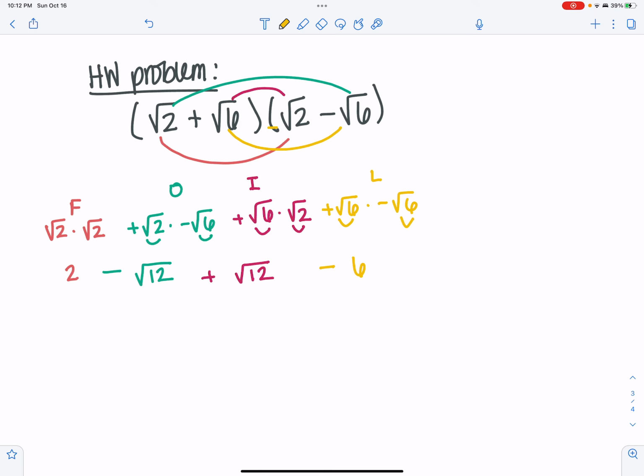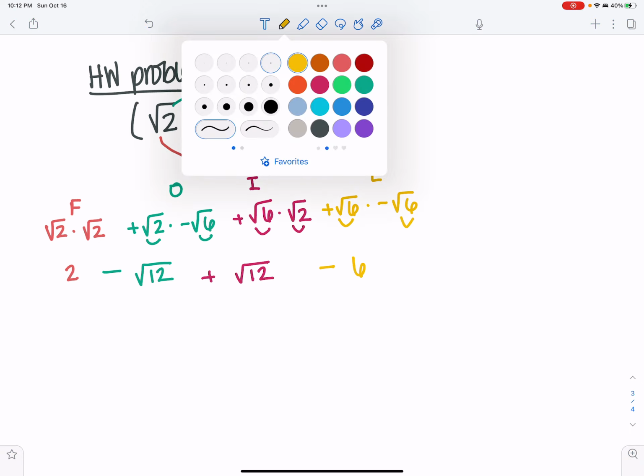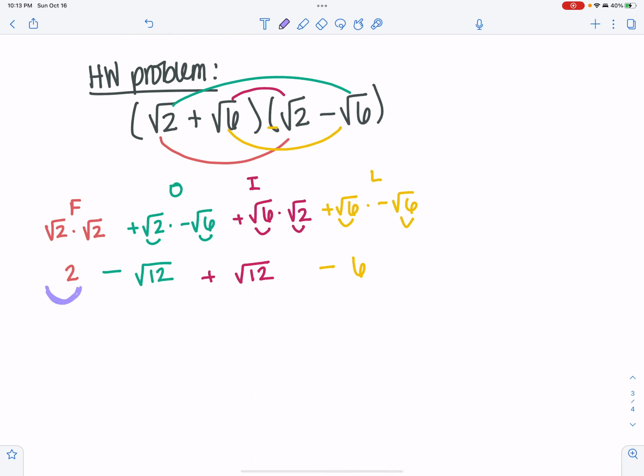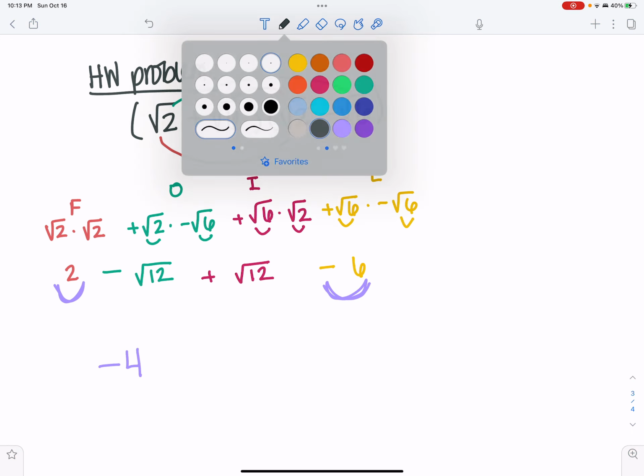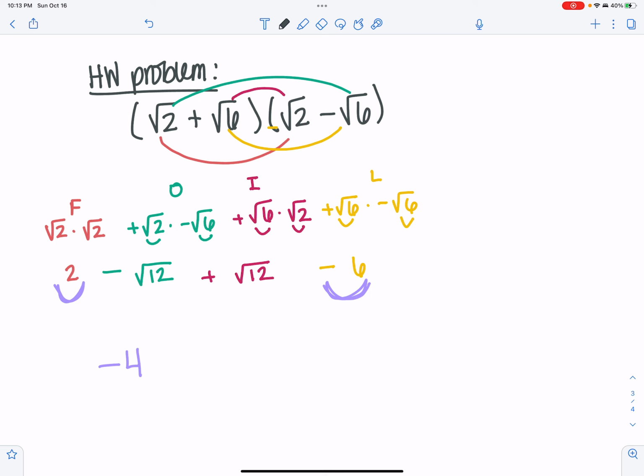Now I've got this middle part, and then I've got these outer terms and these inner terms that will simplify. So let's look at the outsides. I have 2 and negative 6. Those I'm going to combine. 2 plus negative 6 is going to give me negative 4. And then you may simplify the square roots of 12 because they do simplify to 2 square root 3.